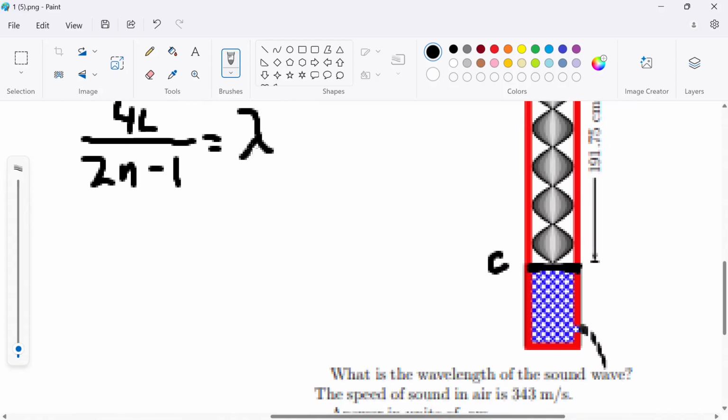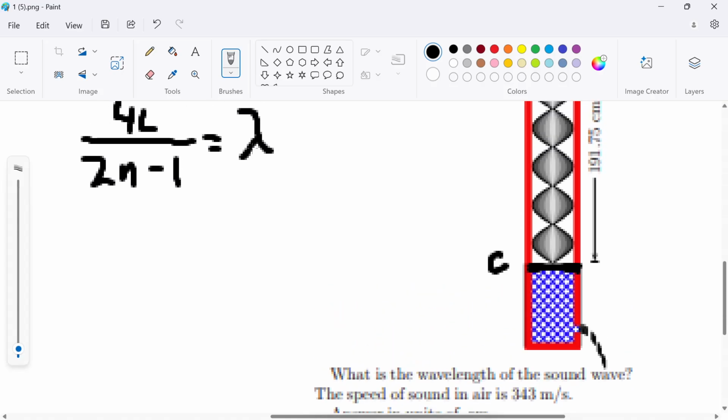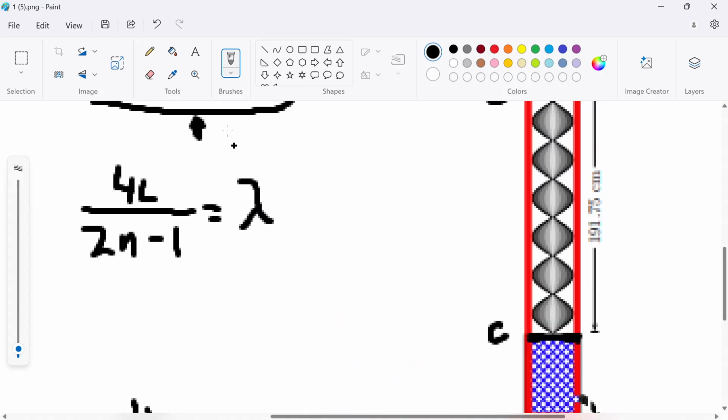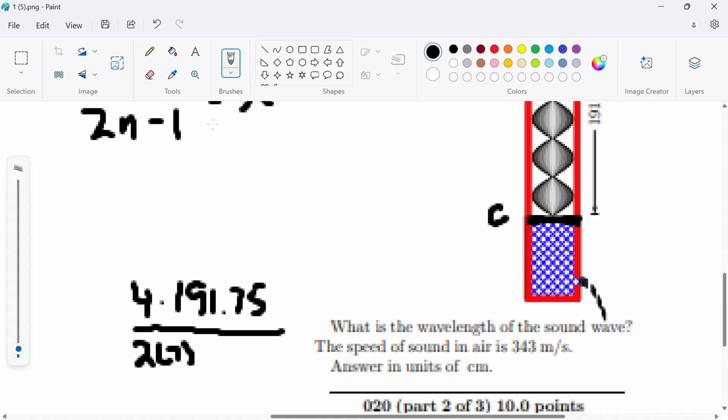And in this case, I want the 7th resonance. So what is wavelength? 4 times the length. 4 times, what is the length? 191.75 centimeters, divided by 2N, 2 times 7, minus 1. And 4 times 191.75 divided by 13, in other words.